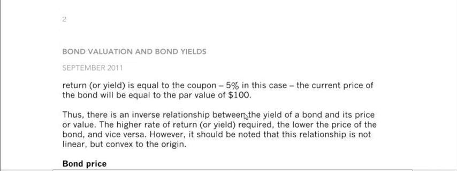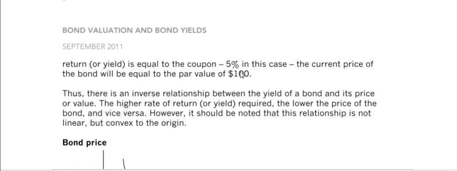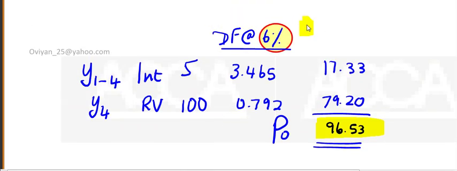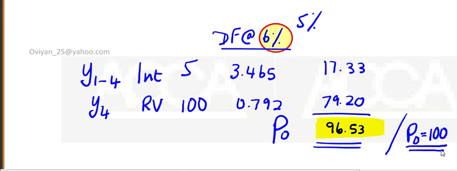Now, in that page, we are told that if the yield is equal to the coupon, which is 5%, you can try this one. If it's going to be 5%, trust me, your answer is going to be $100 exactly. You can try it at home later.